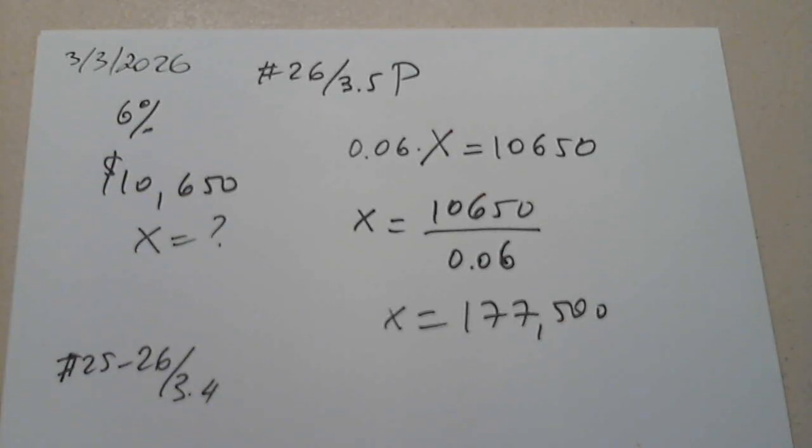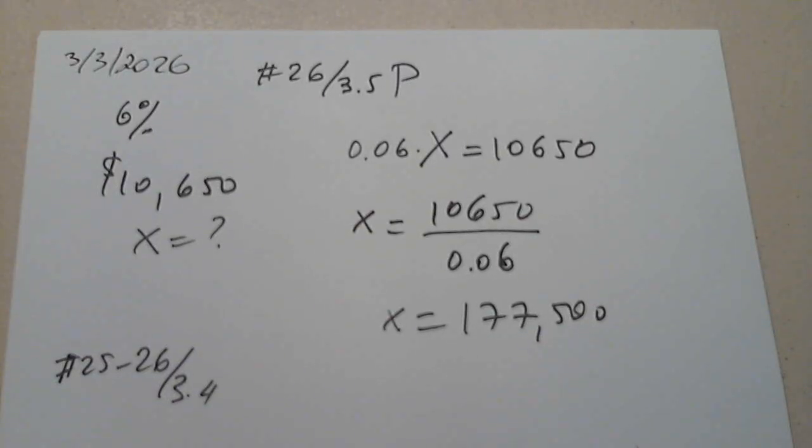Okay, and we want 3.4 practice, and we want 25 and 26. Okay, good. In a recent survey of 2,501 adults, so that's the total. Is this the one? Yeah, it's similar. Good.